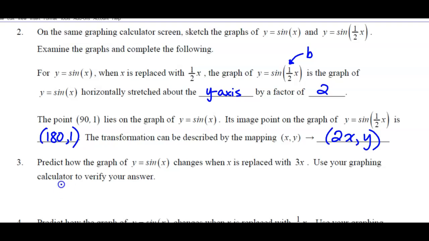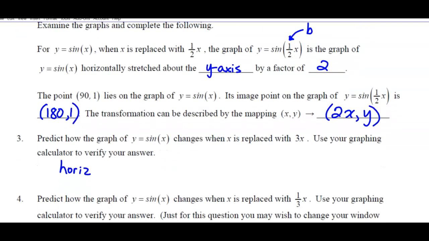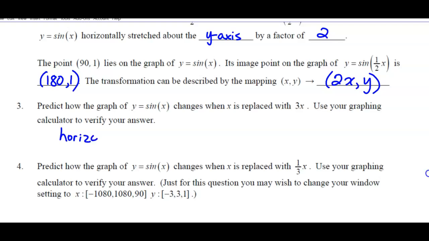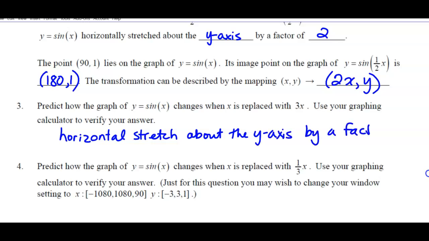So that's going to be a horizontal stretch about the y-axis. Okay, so if it's a 3x, that's going to be 1/3, the reciprocal.